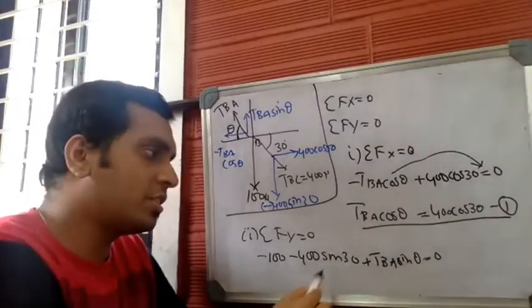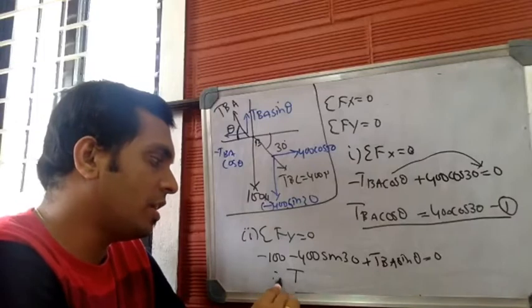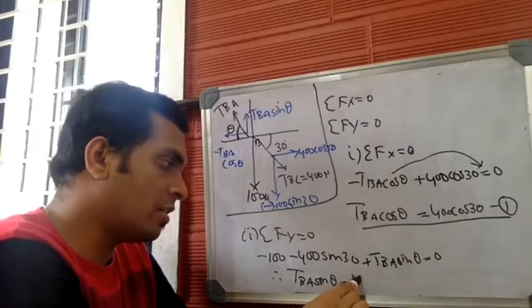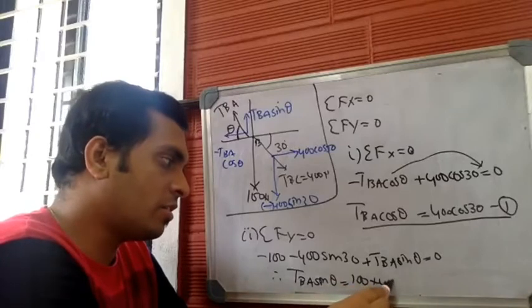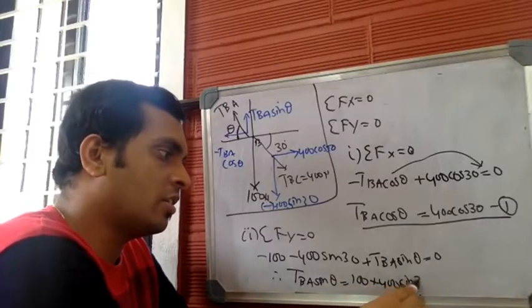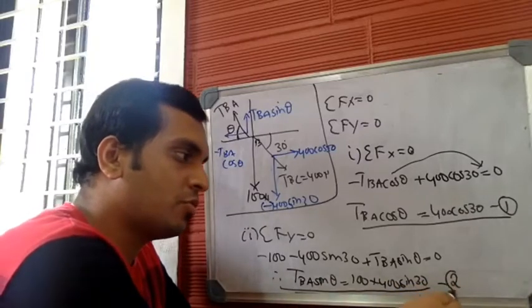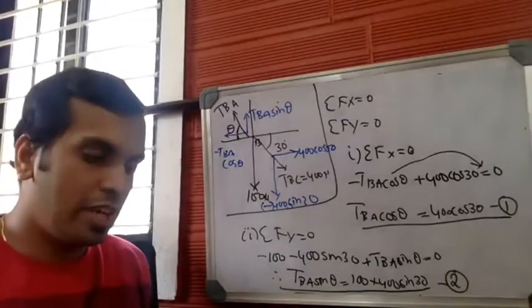Let me express this in terms of TBA sin theta. Therefore, TBA sin theta is equal to 100 plus 400 sin 30. Let me consider this as equation number 2. So we have two equations now.